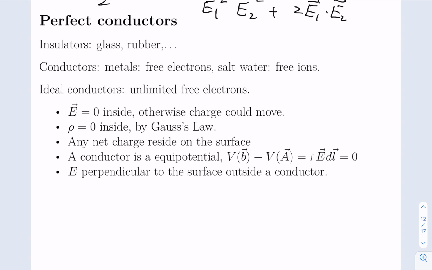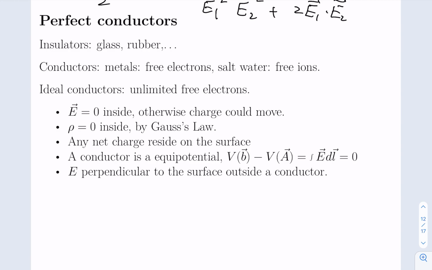We will discuss this later in chapter 4. And right now we will discuss conductors, which could be metals which have free electrons, or if you add salt to the water, there can be ions in the water, and these ions can move freely.